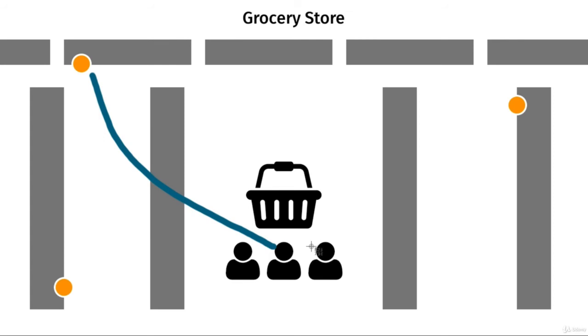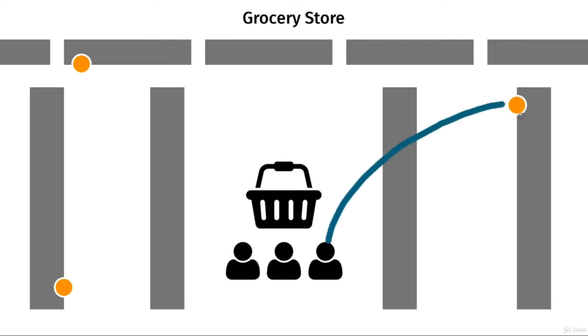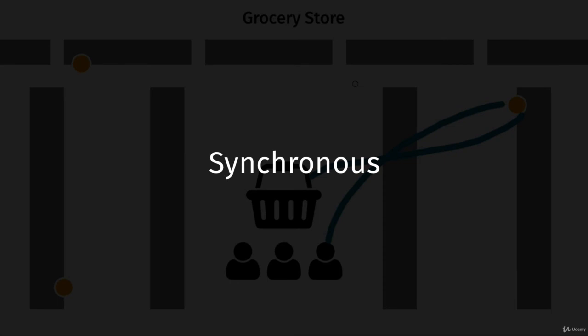And while that's going on, the third person is still completely frozen and cannot begin anything yet themselves. Right? So then once the second person completes their task, only then can the third person start their business. So clearly this is not the fastest possible way of getting all the items into the basket, right? Because there's a lot of just sitting around and waiting for other people to finish their tasks. But that's how synchronous code works.